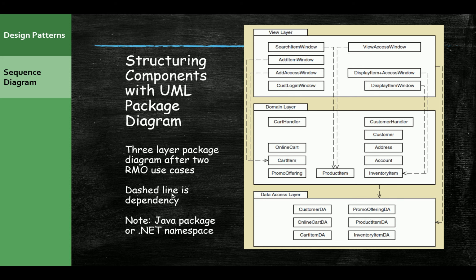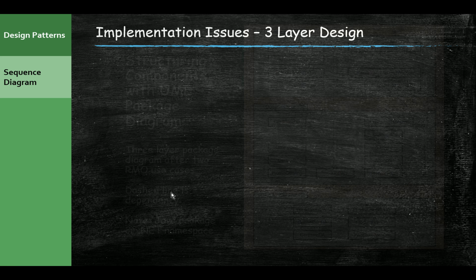In C#, it's something else, and so forth and so on. So this is just an example. What you're trying to think about here, though, when you do a package diagram, is how you are going to group these different classes when it's created as physical code. So that's more or less what you're doing here.